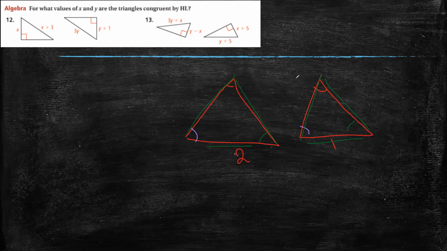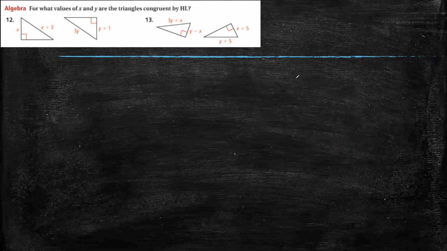Here now we have, as I told you, right triangles. In the first one, we have x plus 3, and in the second one, we have x.